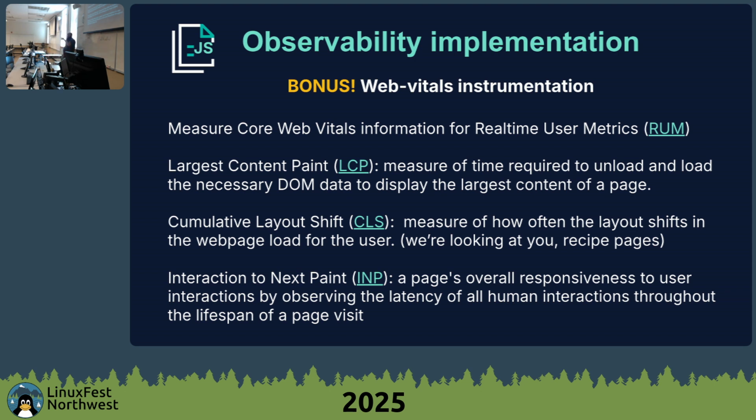So you saw that instrumentation fetch, that instrumentation user interaction. Well, now we have Web Vitals. Now Web Vitals are part of RUM, Real User Monitoring, that measures these different metrics that have been agreed upon by the community at large. They're created by Papa Google, and there's LCP, CLS, and INP. And these actually kind of make sense.